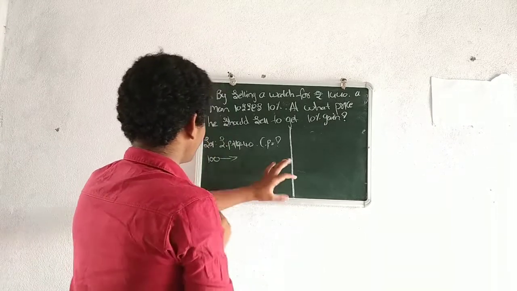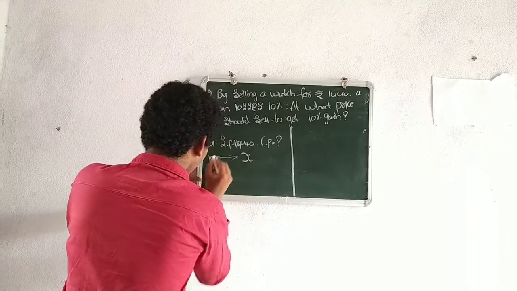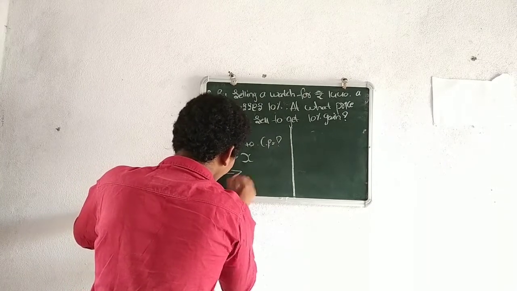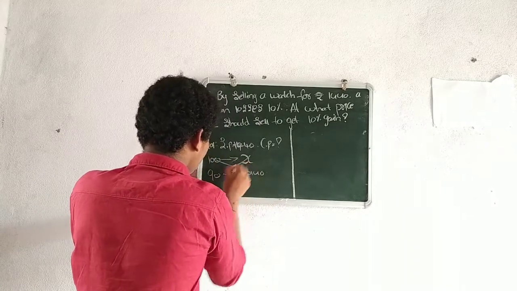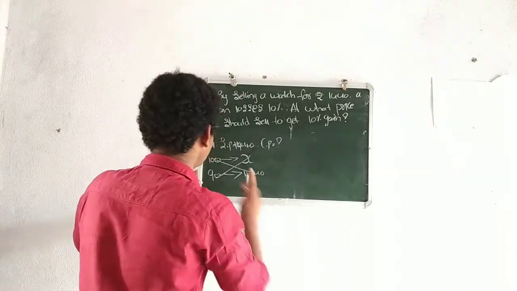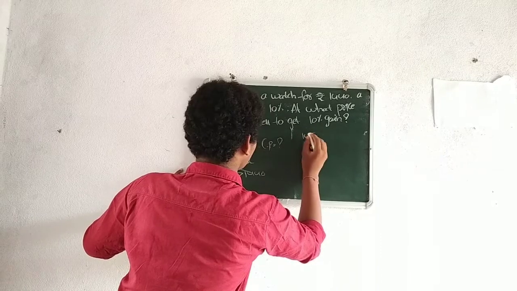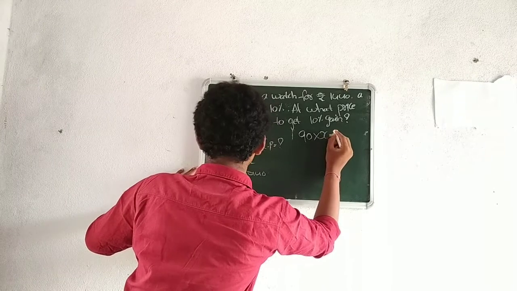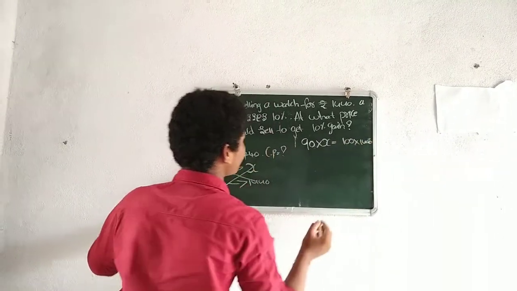100. We don't know the cost price, so simply keep it as x. With a 10% loss we keep 90 and 1440. By cross multiplication, 90 into x is equal to 100 into 1440.